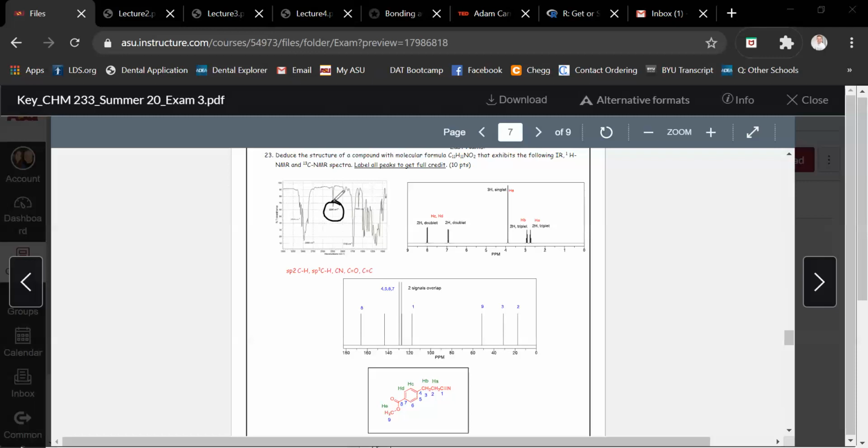Yeah. So are you saying that if it's terminal, you also get this sp hybridized CH? Yeah. But if it's internal and it doesn't have the peak in the middle, does it have that? No, it won't have that. Oh, okay.